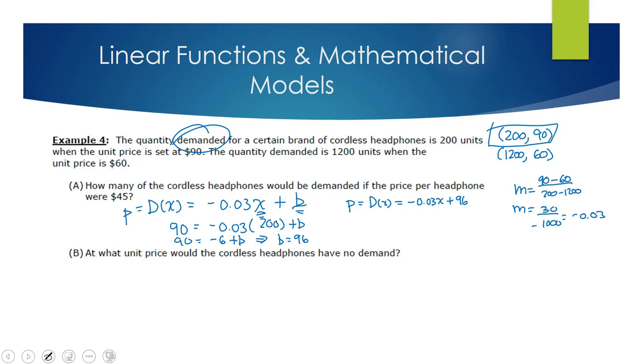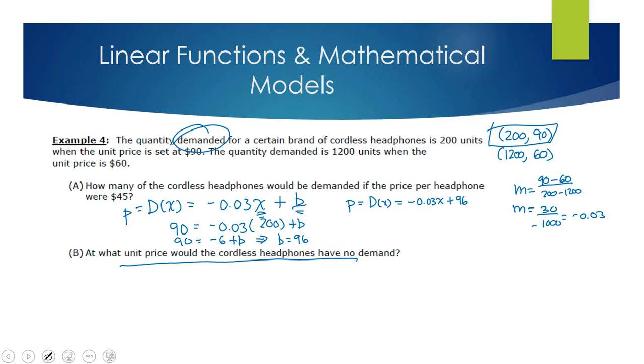So essentially, if x were to be 0, which means nobody would want it, and this is what we're going to get to in the next question, then that price would be $96. Because it asks what unit price would the course have no demand.